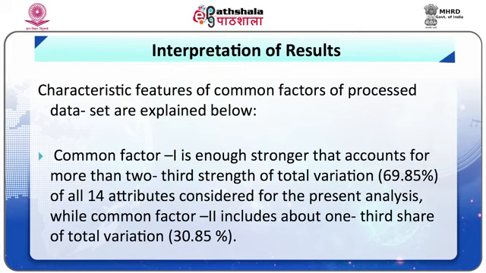Number 1, common factor 1 is stronger and accounts for more than 2/3 of the total variation, that is 69.85% of all the 14 attributes considered for the present analysis, while factor 2 includes about 1/3 share of the total variation, that is 30.85%.